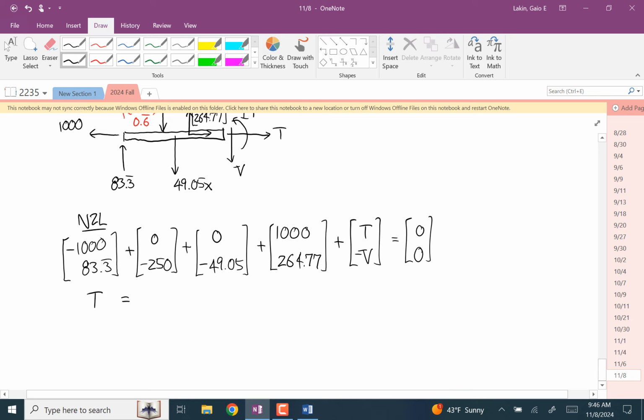So T for this half is equal to 0. V is equal to 49.05.